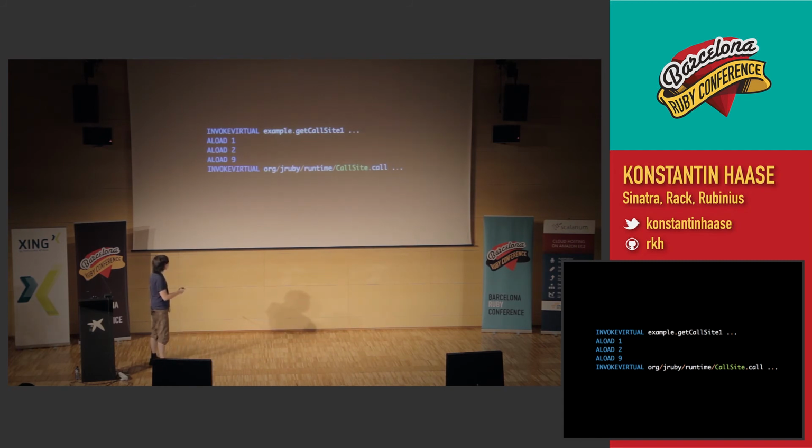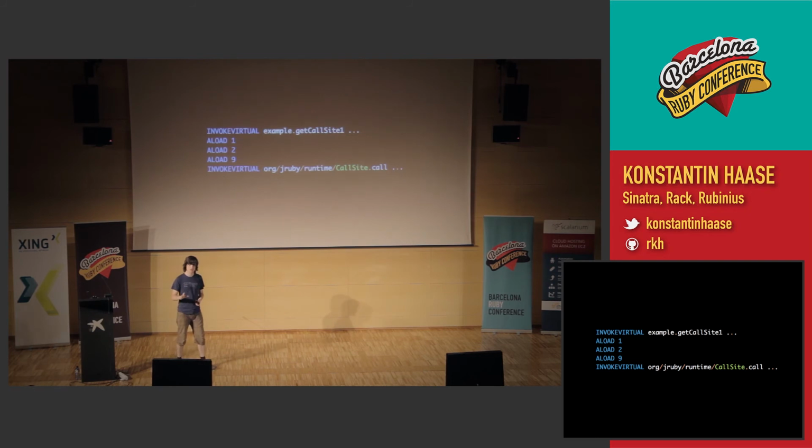So there's a JVM method, getCallSite1, which is dynamically defined when you run your Ruby code. Then it's loading locals and self onto the stack. And then on that call site, it will call the method call, which will basically then do the to_s dispatch and call it.